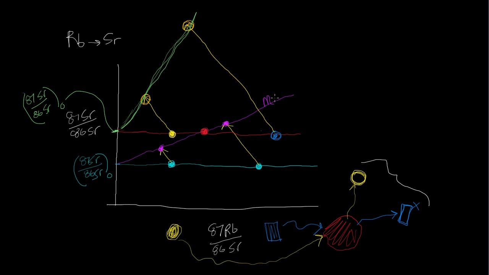So what we actually have in this diagram, if this makes sense, if I can follow a composition down, let's take a look. I'm trying to find the right color here. Let's do green here. This mineral here initially formed a long time ago. After some period of time, it had evolved to this composition there.